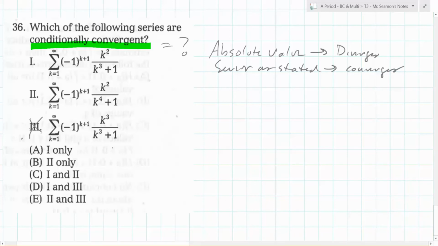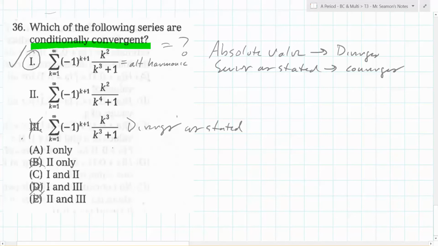This just right here diverges as stated. So can we eliminate some of the answers? We can eliminate D and E. We eliminate B. We're down to A and C.